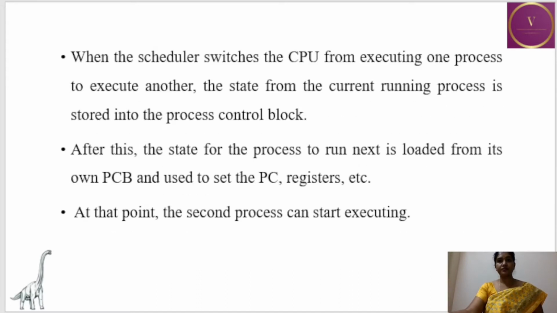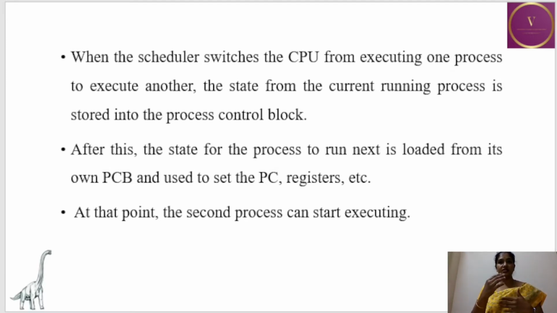All right. Next, when the scheduler switches the CPU from executing one process to execute another, the state from the current running process is stored into the process control block. So when the CPU is switching from one process to another, the state of process 1 is stored in PCB 1 and it moves to process 2.